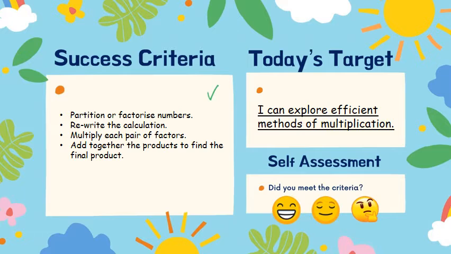We're going to rewrite the calculations, remembering that associative law, so we can swap the numbers around within the calculation and it will still come out the same. I'll prove that to you later. Then we're going to multiply all of those factors together, and then we're going to add together products to find a final product. Are you ready to get started? Let's go.